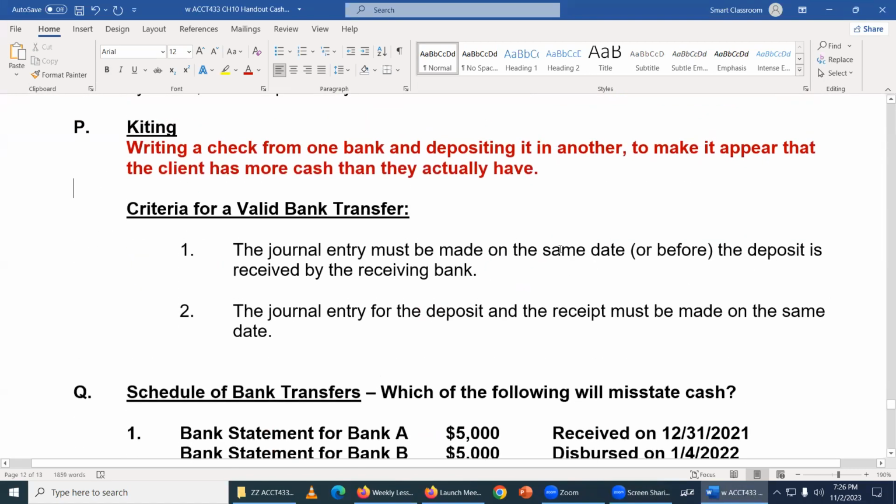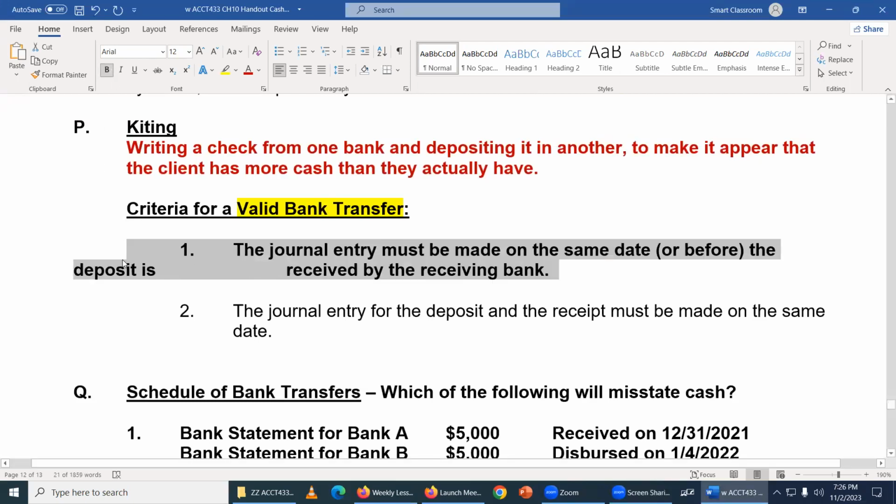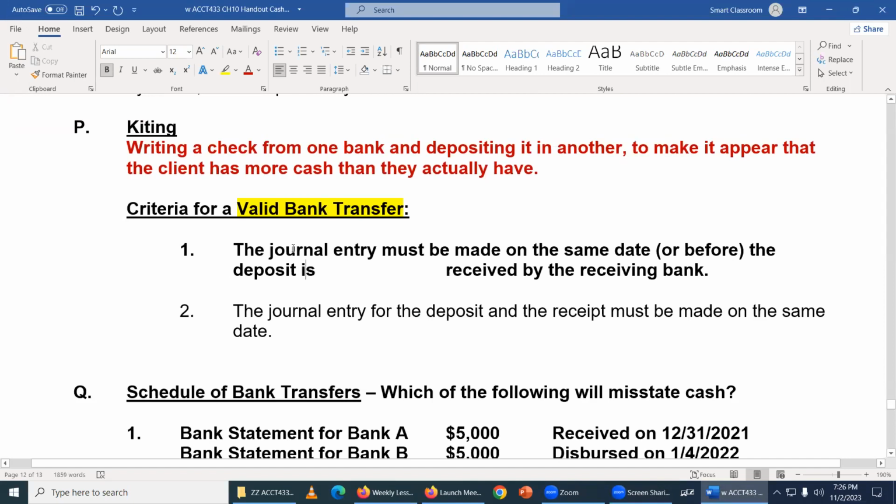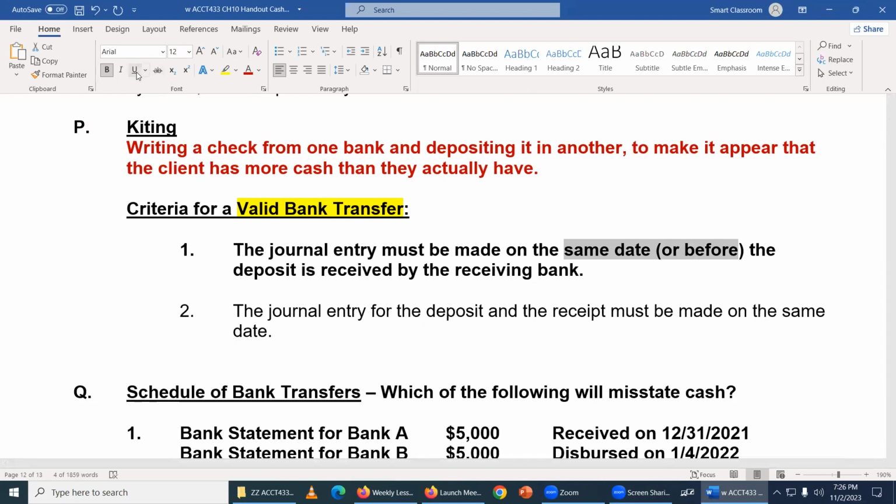Now, for a valid bank transfer, there are two criteria that we generally look at. The first one is the journal entry was made on the same date or before the deposit is received by the bank.